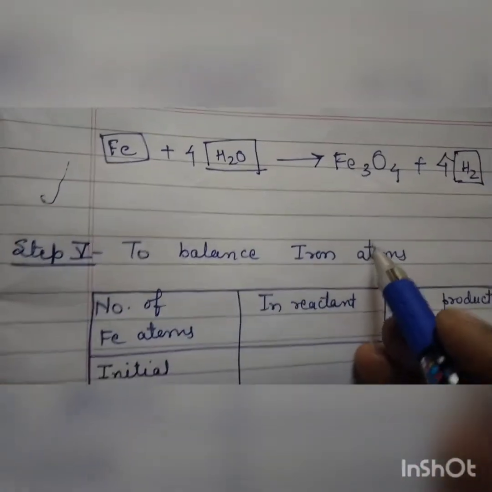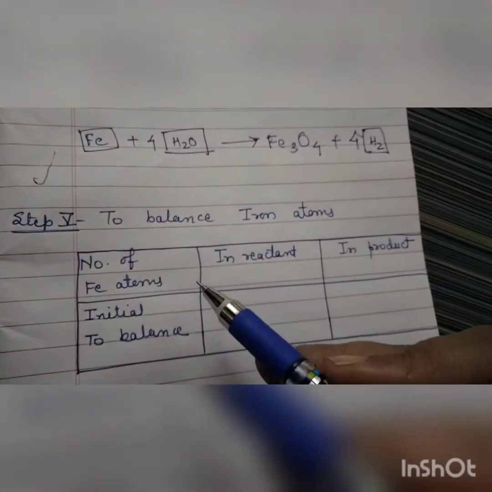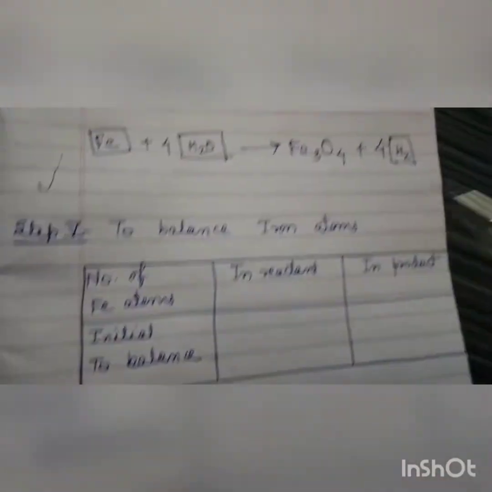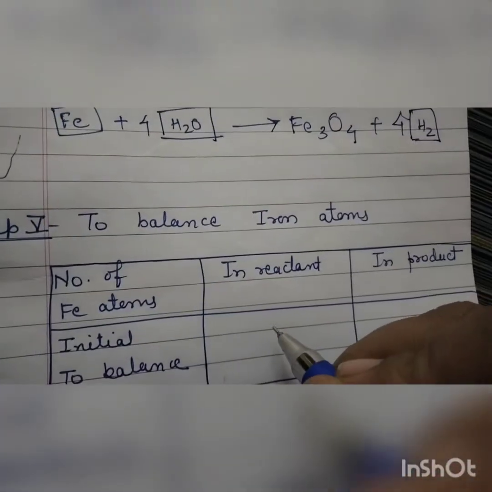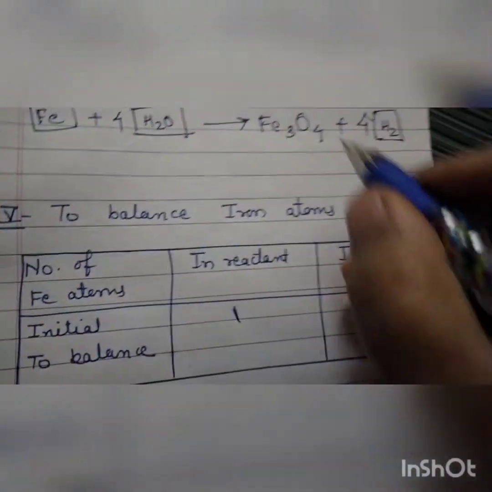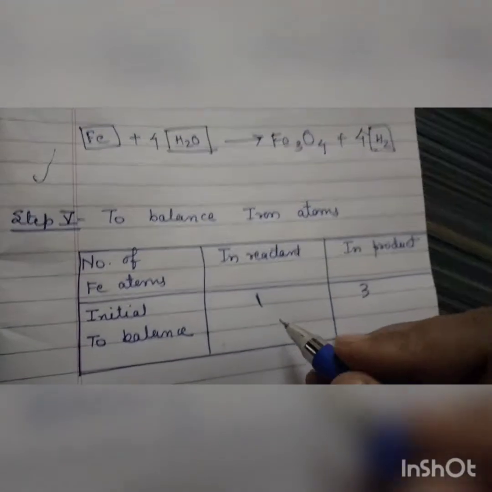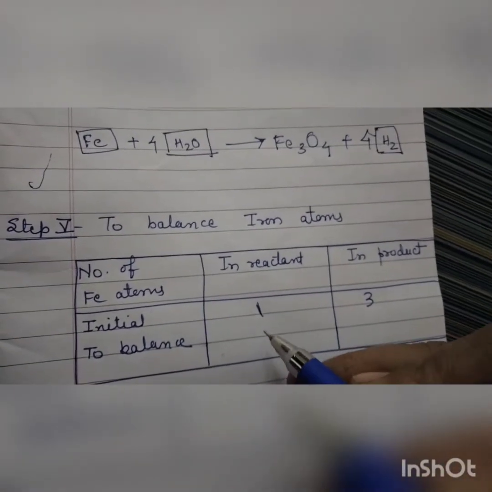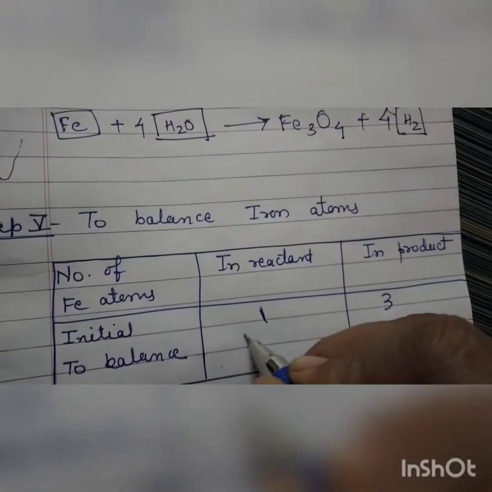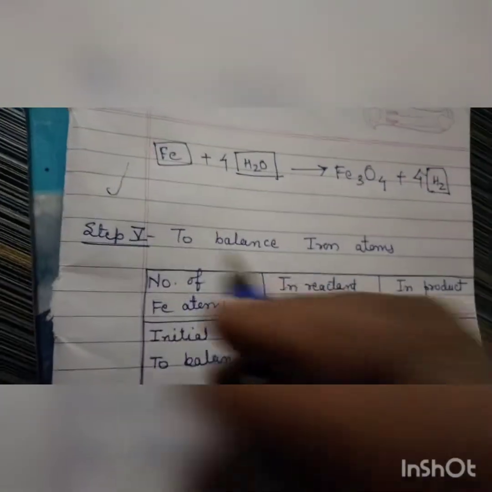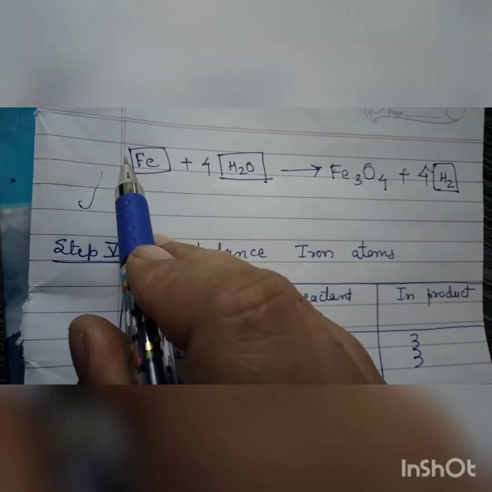To balance iron atom, again we have to make same type of column. Number of iron atoms initial in reactant. In reactant it is 1, but in product side it is 3. So I am writing here 3. Now how to make it 3, students? By multiplying it with 3. That is here 1 multiplied by 3, and here as it is 3. See here we will multiply here 3.